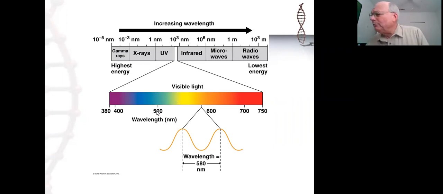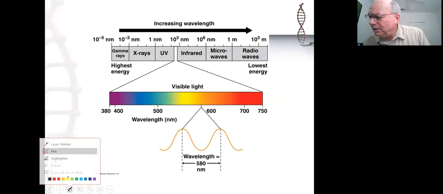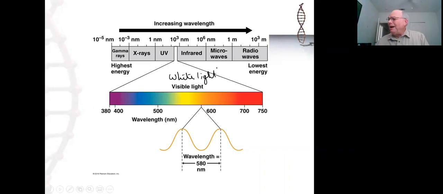So what we call visible light, or what we sometimes refer to as white light, is actually made up of all of these component colors.